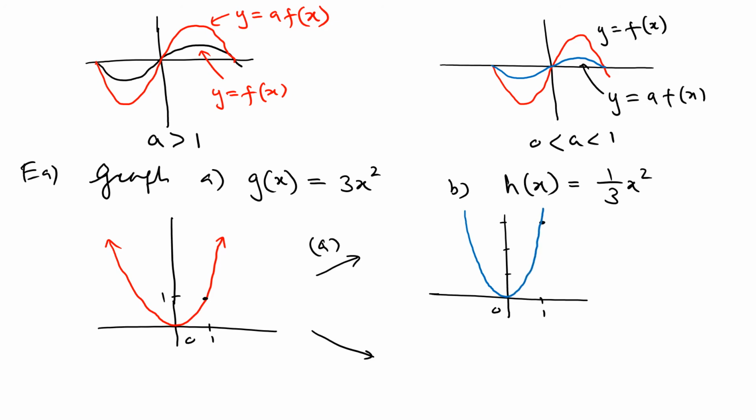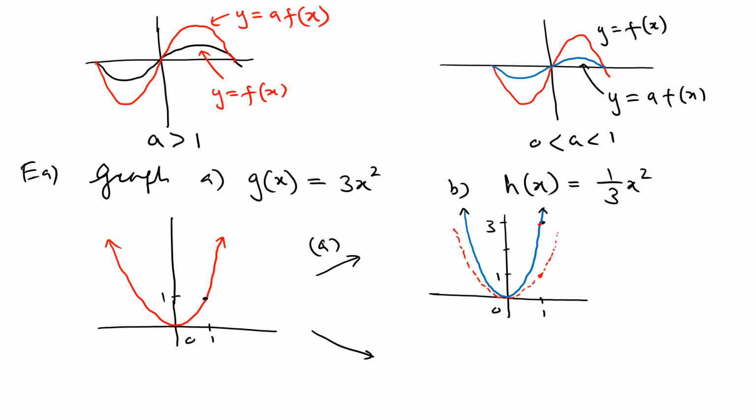The original graph passes through 1, and this is the original graph. This is the new graph. Stretch by 3 units, so 1 becomes 3.